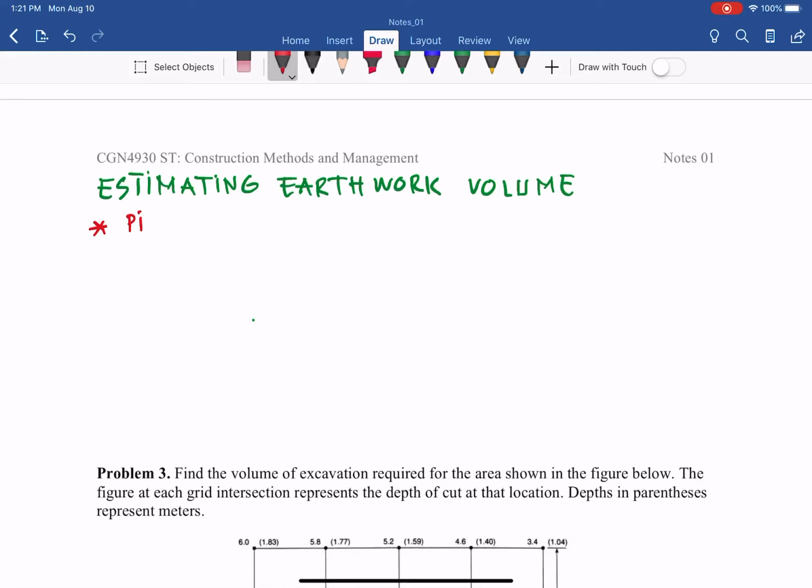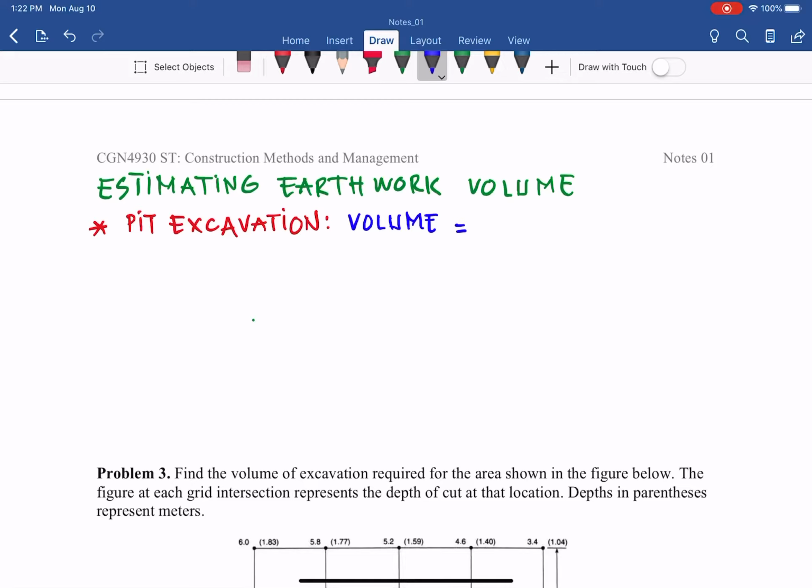So with that pit excavation, and for pit excavation to determine the volume, the equation will be, so basically we dig a hole in the soil.